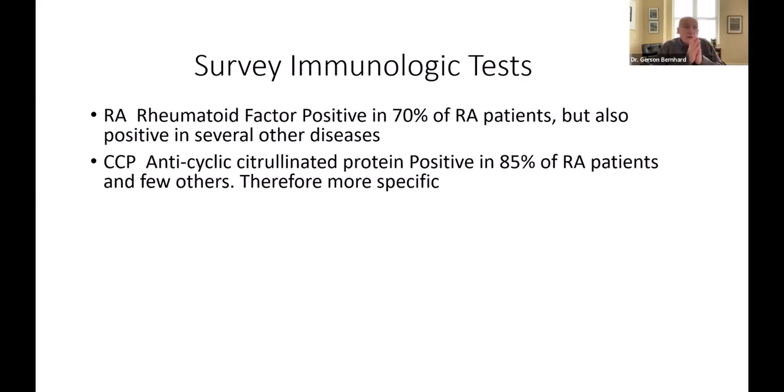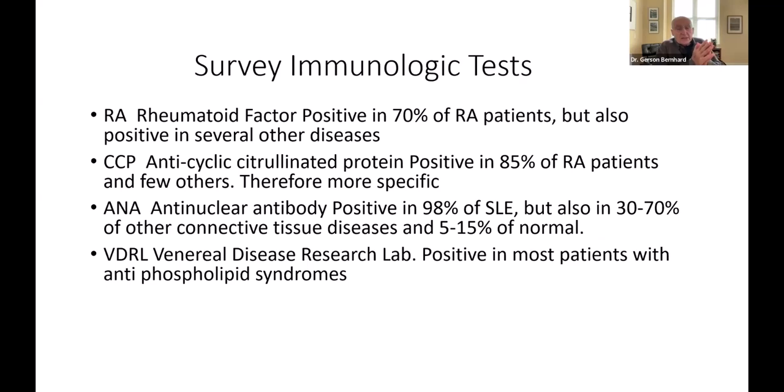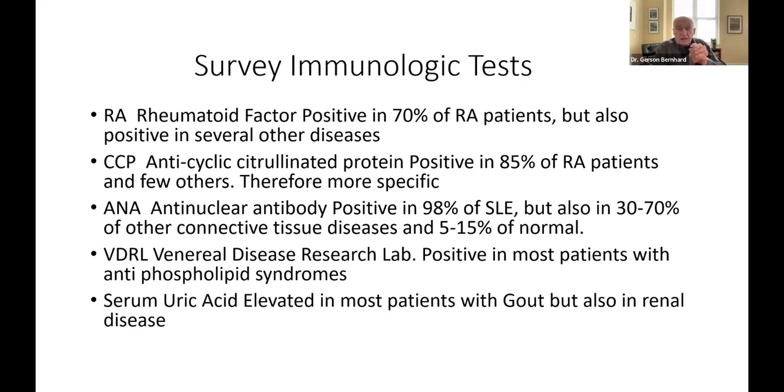Now, what about the survey immunologic tests? Very often I see a consultation of a 35-year-old woman who comes in and now is having several weeks of articular symptoms. And very often I do not see a good description of which joints are involved and how long this has been going on, what the patient has done for themselves to control the symptoms, and a good clinical background, as I mentioned before.